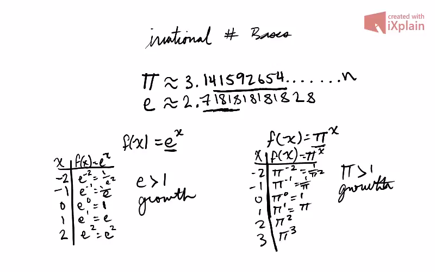But basically, a lot of people are introduced to this one a lot because it deals with natural processes. It's also called the natural number. E, or Euler's number, is called the natural number. The reason why is because money grows naturally, people grow naturally, people behave naturally.